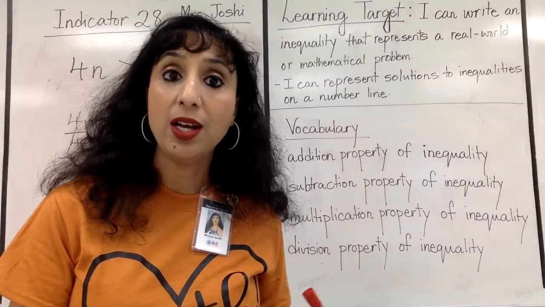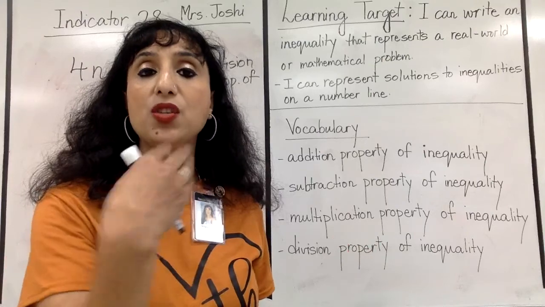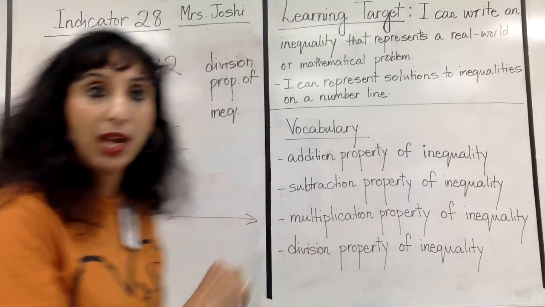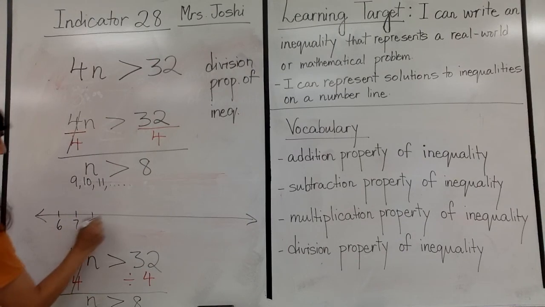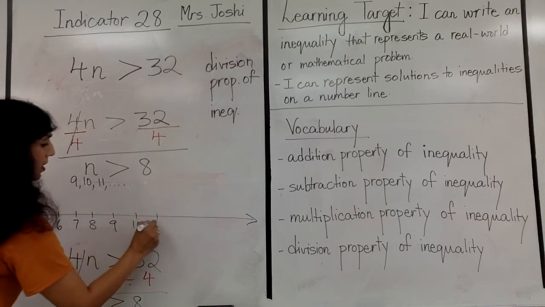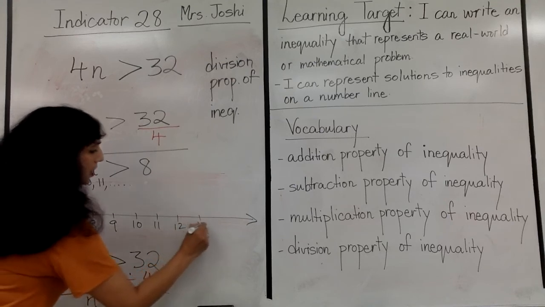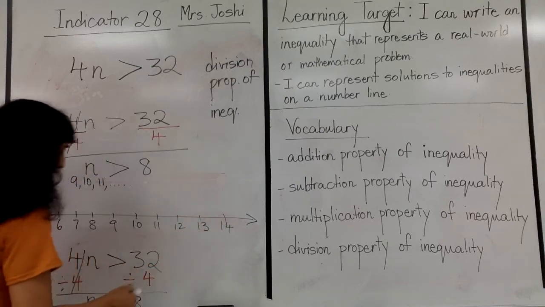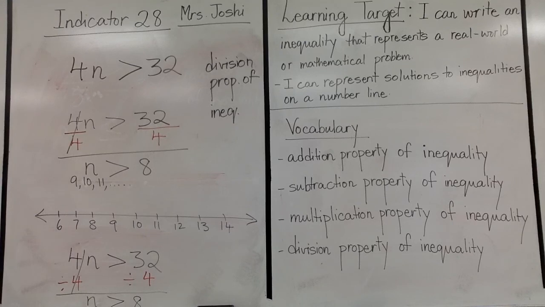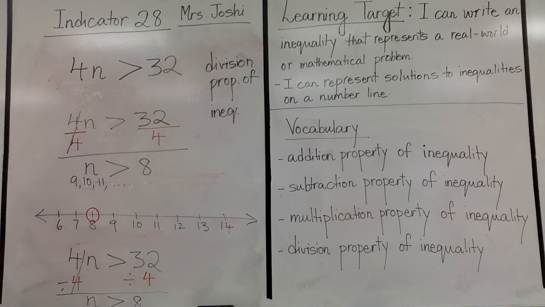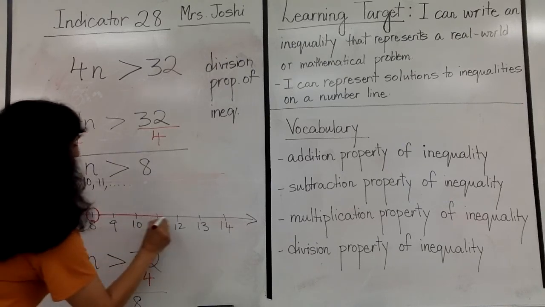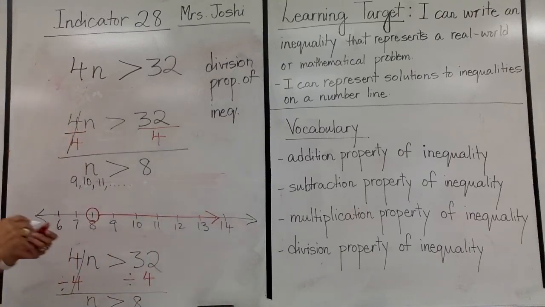And anyway, if it is greater, any number that is greater is to the right on the number line. Okay, so I can do 6, 7, 8, 9, 10, 11, 12, 13, and so on. Okay, since 8 is not included in it, this is going to be an open circle, and then all numbers to the right are a solution to this inequality.